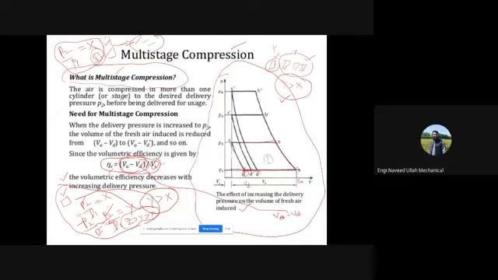If you don't want this P2, rather you want P3 or P2 bar, ठीक है, तो इसके लिए आपको क्या करना होगा, this is your induction initially, and this will be your compression, this is your delivery, and again this is your expansion. Now you can see that this time your induced volume is VD bar minus VA, ठीक है, so your induced volume decreases.